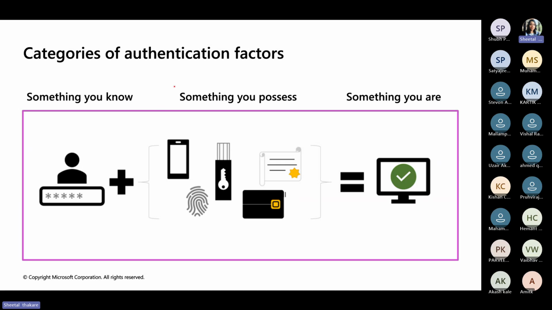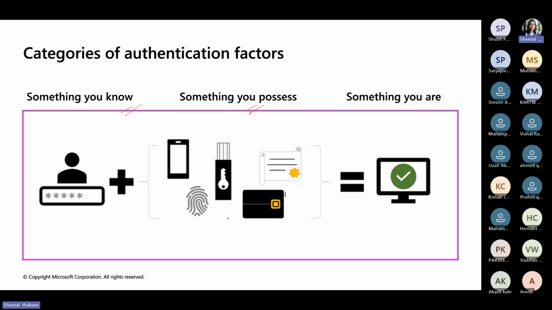So generally when you say authentication factors, they can be something you know, which can be the PIN, something you possess, which can be hardware token, software token, or something you are, which can be your biometric. So these can be the different factors which can be used for authentication, and then you will get the access.